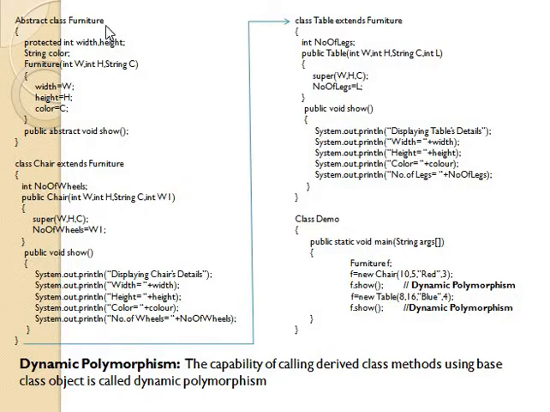This Java program consists of an abstract base class named furnisher, and inside this abstract base class there is one abstract method named show, declared inside the public access specifier section.